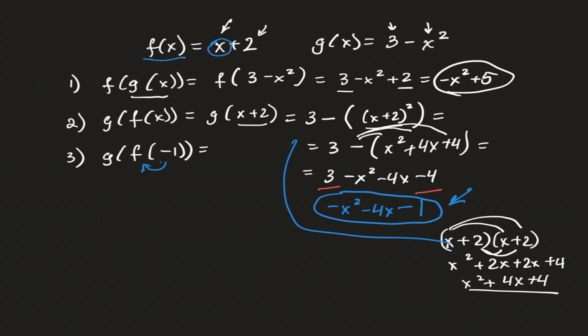And instead of that x, I'm going to write negative 1, which means negative 1 plus 2, which is 1. So this whole thing now turns into a 1. And I have a g on the outside. Now I'm going to go into g and plug in a 1. So I'm going to go over to my function g, and instead of x, I'm going to write a 1, which means I have 3 minus 1 squared, which is 3 minus 1, which is 2.